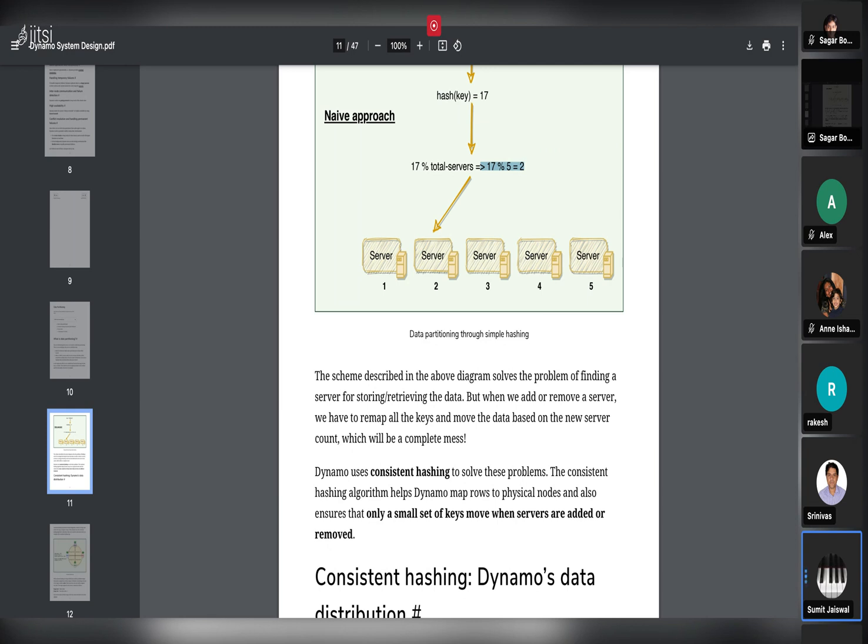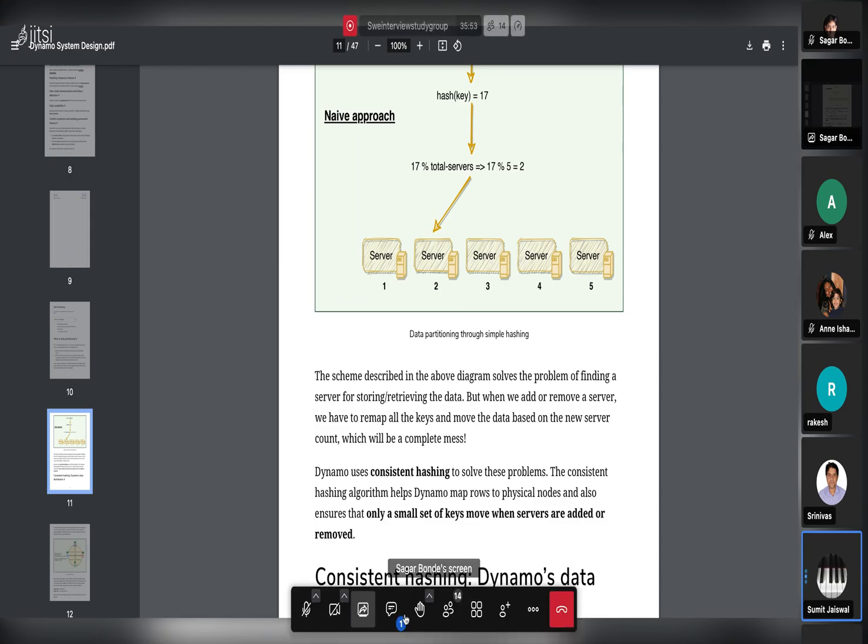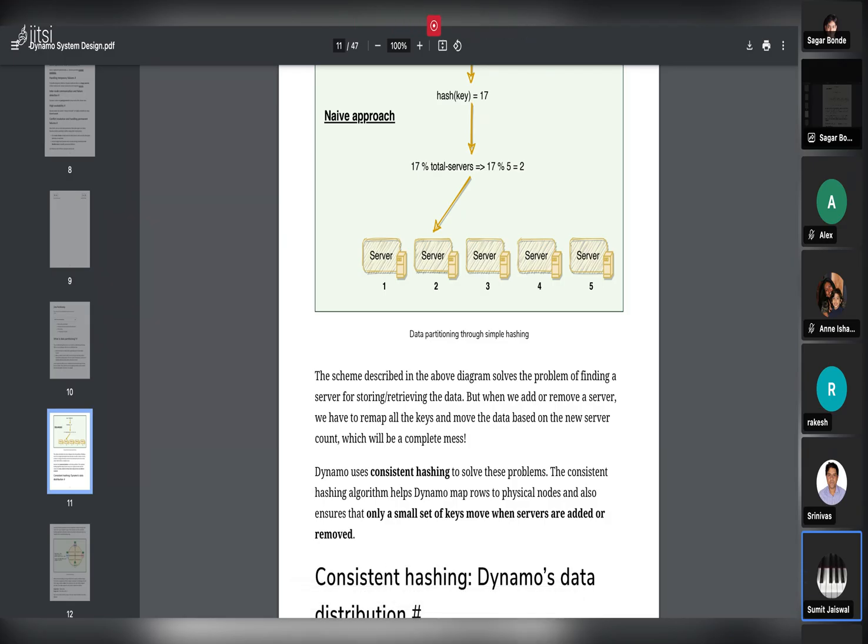What that means is a few of the keys will now map to server 6, and that's the assigned location where the data for the keys which map to 6 will be stored. So the new server 6 will have only a few keys which are now distinct from all the previous servers.